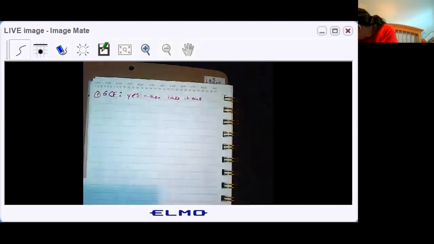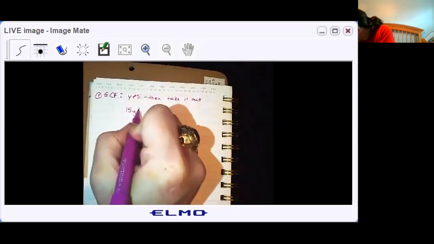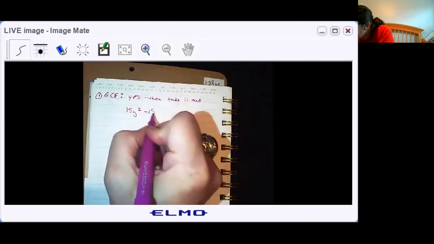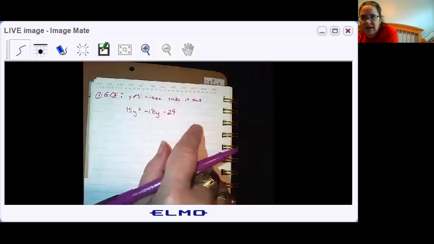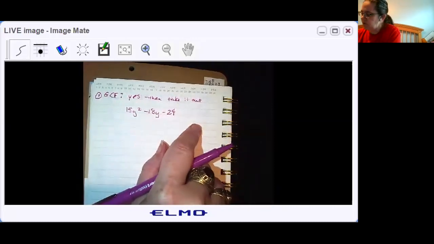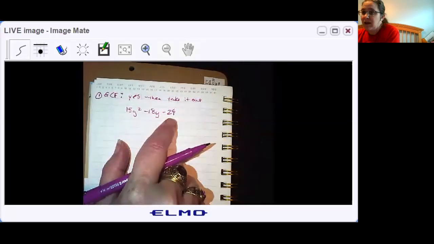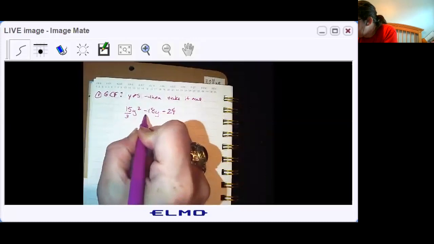So what do I mean by take it out? If my problem is 15y squared minus 18y minus 24, does this have a common factor? Does this have a greatest common factor? Well, let's look at this. 15, 18, and 24 can all be divided by 3.